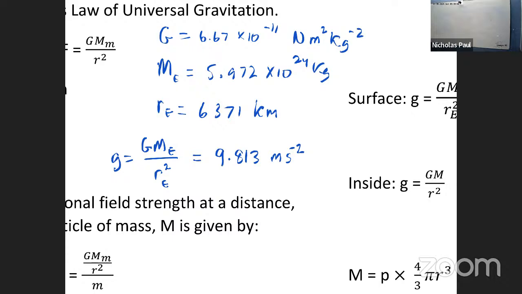And of course, you'll recognize if you try and move to the moon, the mass of the moon is smaller, right? And the separation is smaller as well. That's why the value will be about 1/9 of that, probably.